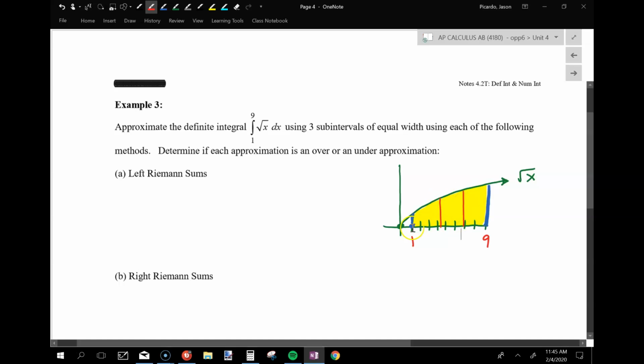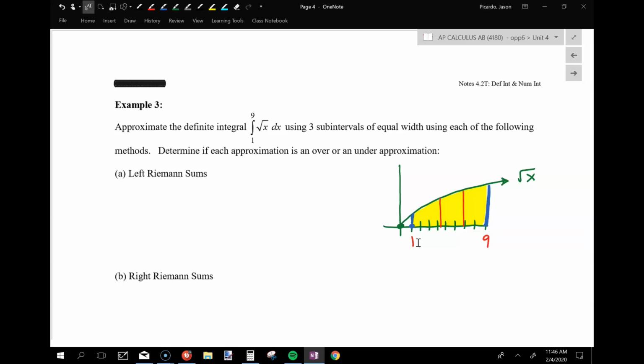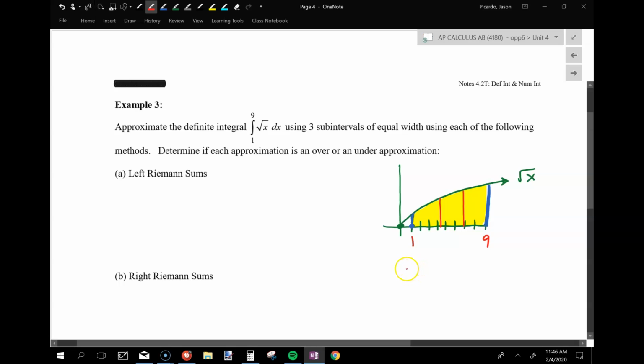The problem is that 8 doesn't divide into 3 parts very nicely, does it? But we'll deal with the problem. So the width of each rectangle is 9 minus 1 divided by 3.